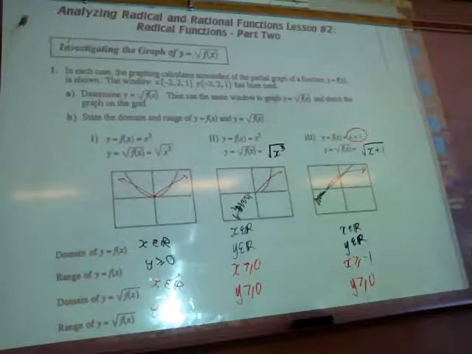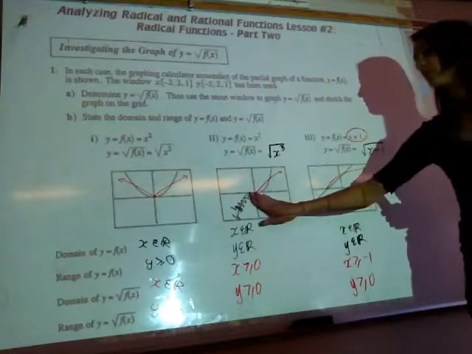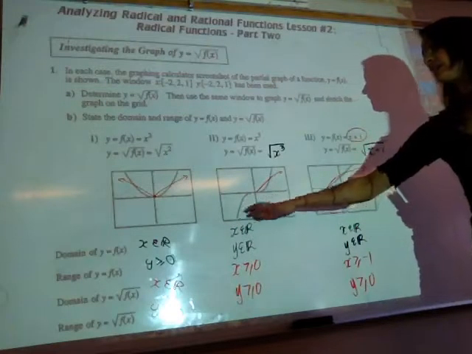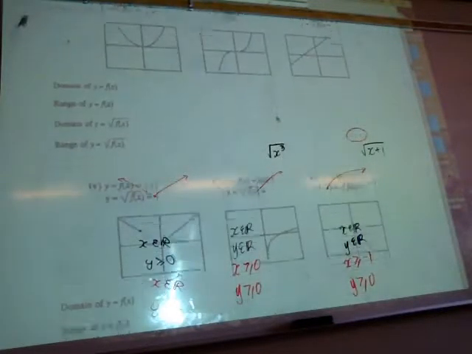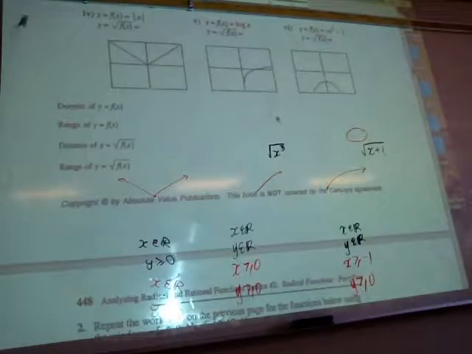Where did it go? Yes, exactly, Jackson. You can't have a negative square root. So that means all the values below the x-axis are not going to exist. Let's keep going. There's a few more radical functions we're going to compare.